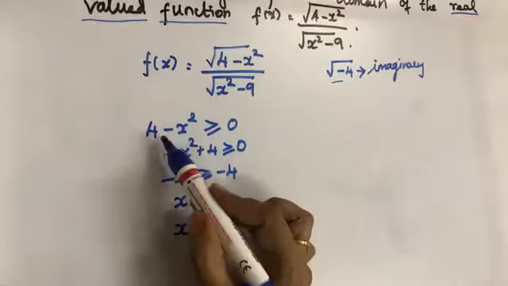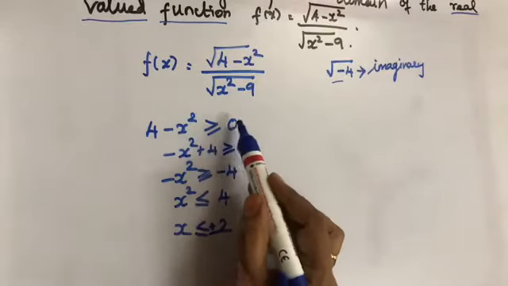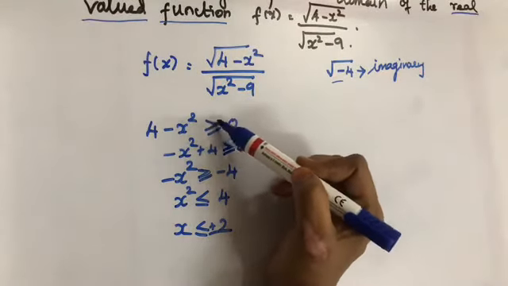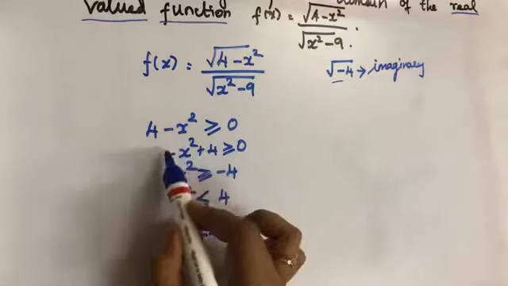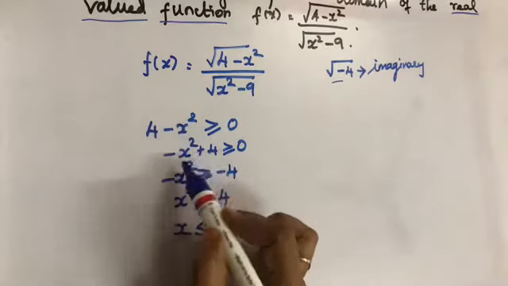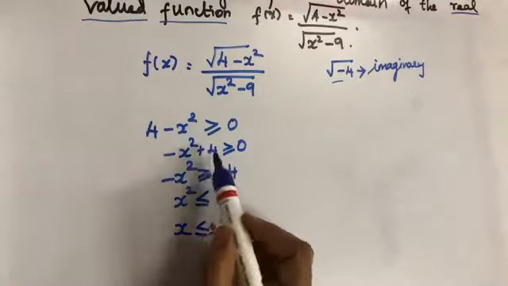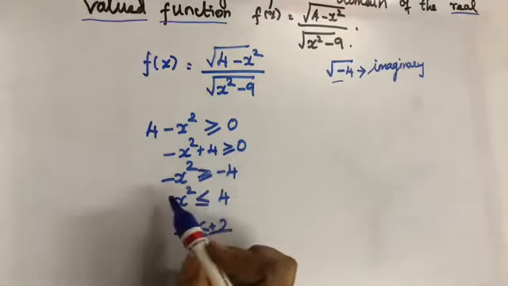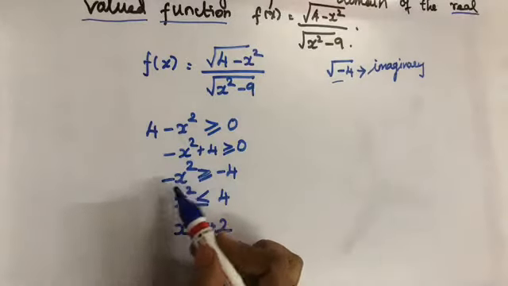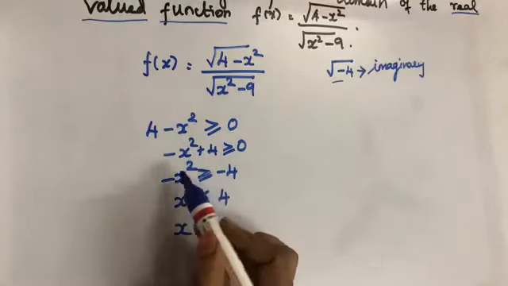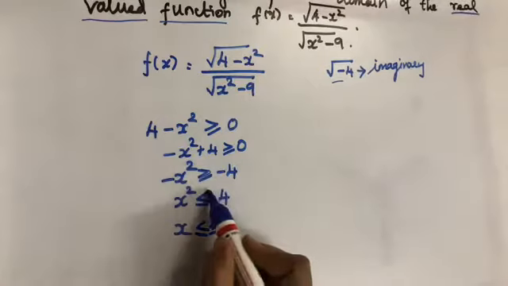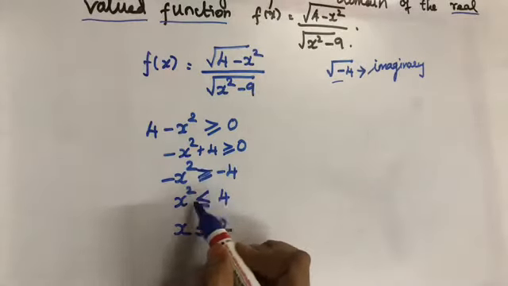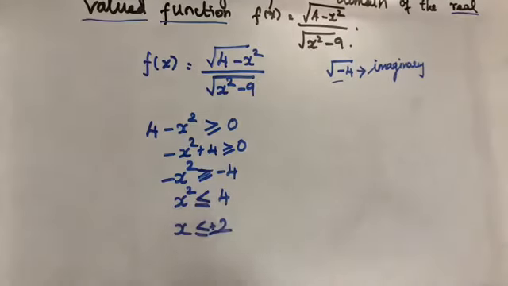So 4 minus x square should be greater than or equal to 0. Negative should not come, so it should not be less than 0. It is greater than or equal to 0. So minus x square plus 4 greater than or equal to 0, and plus 4 will become minus 4 while coming to the other side. Now I am removing the negative sign, so this sign is changing. x square less than or equal to 4.